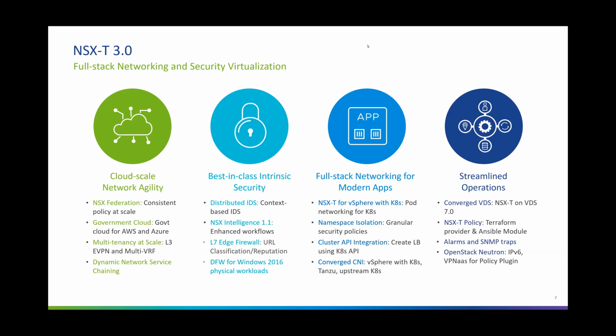If you move all the way to vSphere 7 and you're on NSX-T 3.0, you can now leverage what's called a converged VDS. The converged VDS just makes it simpler to get the deployment done when we don't have to worry about having additional network cards specific for that, and allows that step to migrate or move to T a little bit easier.